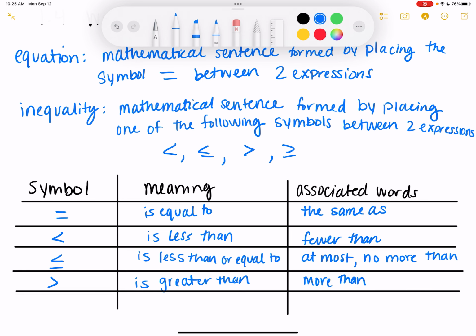And then the last one, greater than or equal to, it is greater than or equal to, and it'll be at least or no less than.